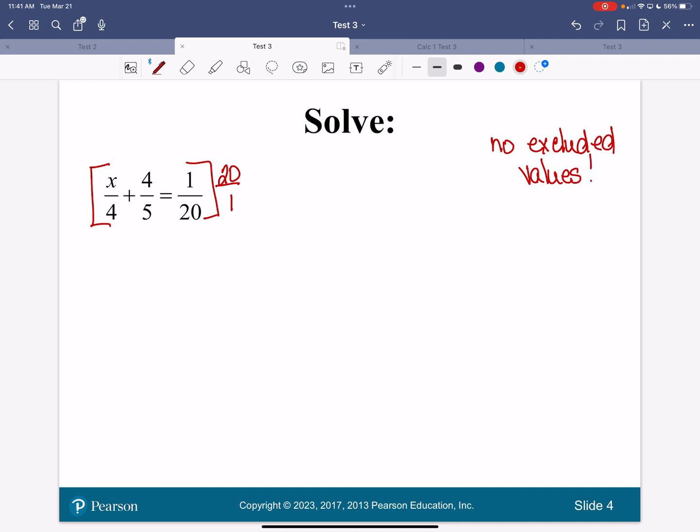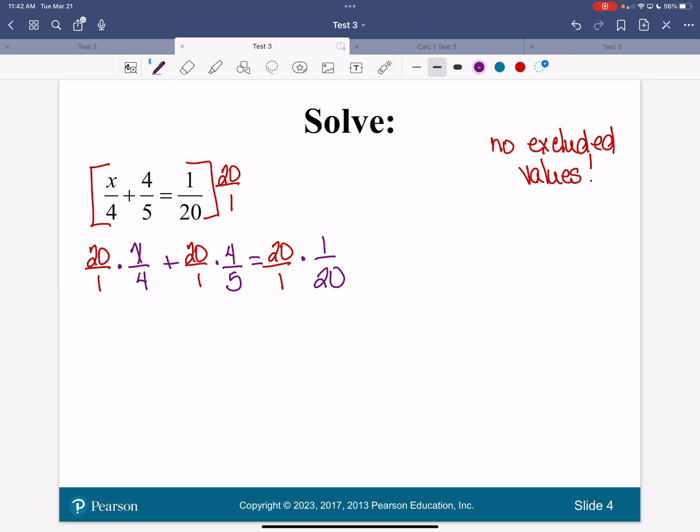So I'm going to multiply 20 over 1 times x over 4 plus 20 over 1 times 4/5, and that's going to equal 20 over 1 times 1/20.